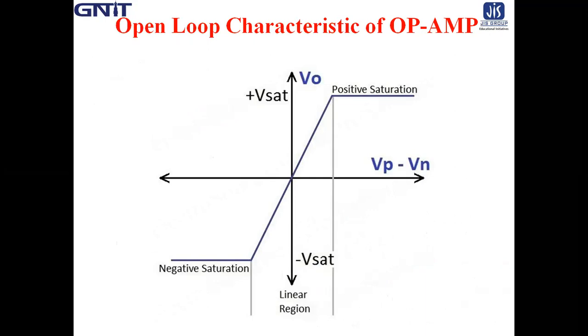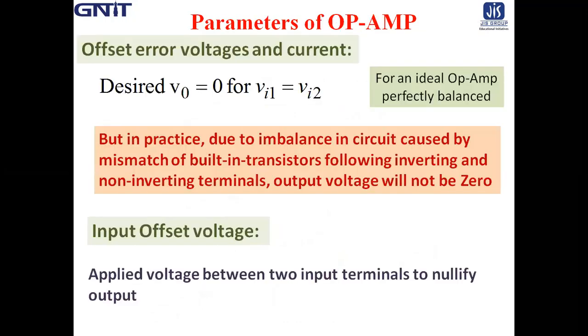It shows the plot of the output voltage V0 against the difference input signal voltage, say Vd or Vp, whatever. And these are some parameters of op-amp which are very important and need to be discussed here. First one is the offset error voltage and current.